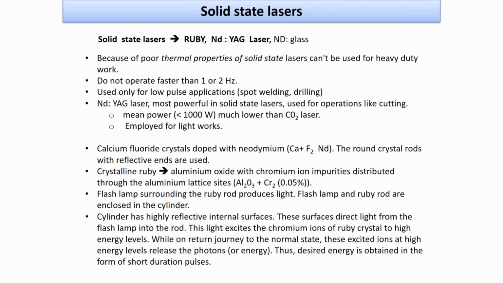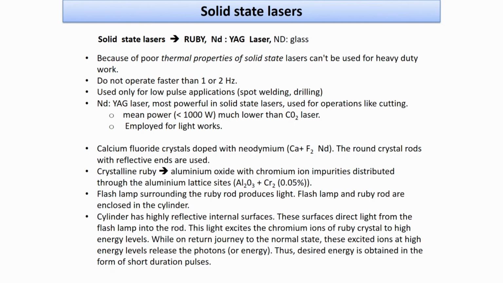So they are used only for low pulse applications like spot welding or drilling operation where low pulses are required, because the frequency is less than 1 to 2 Hz.